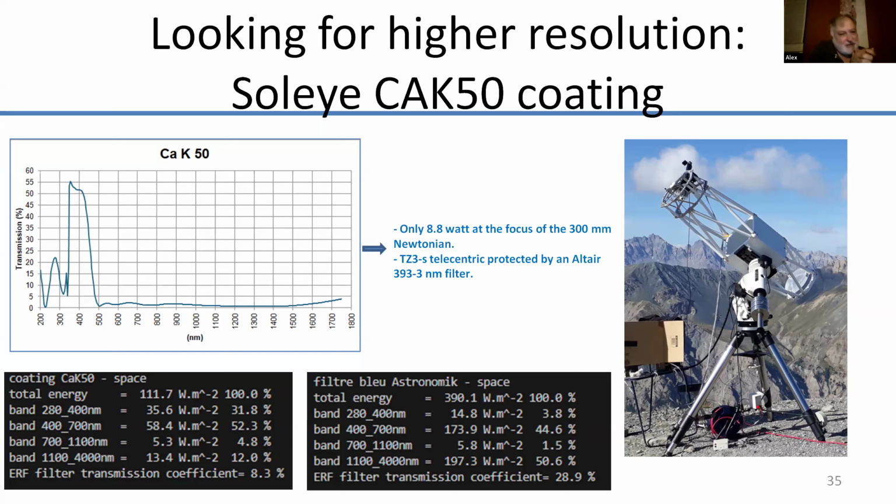I just need to work out all these pictures I have. The dual band has 50% of transmission, like the calcium K50 you have here on the screen, and you have approximately 85-90% transmission around the H alpha.